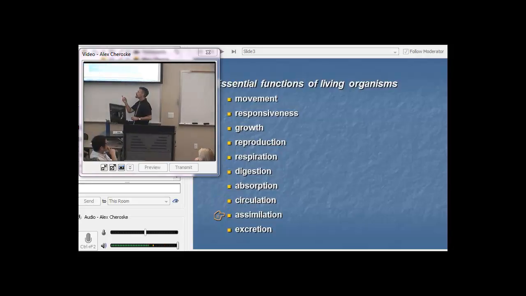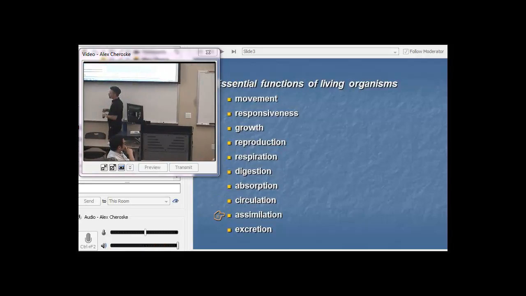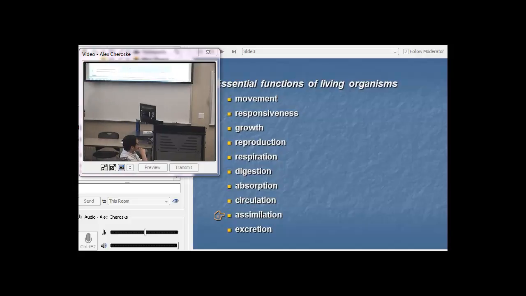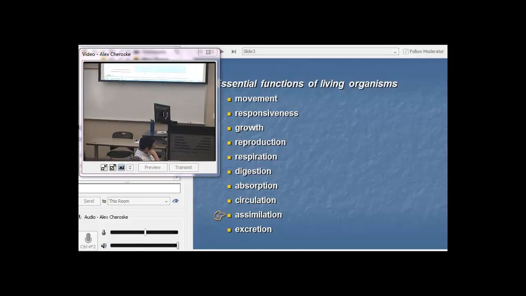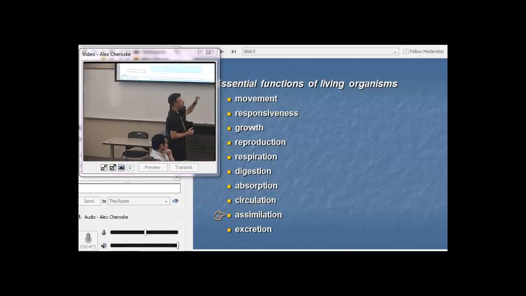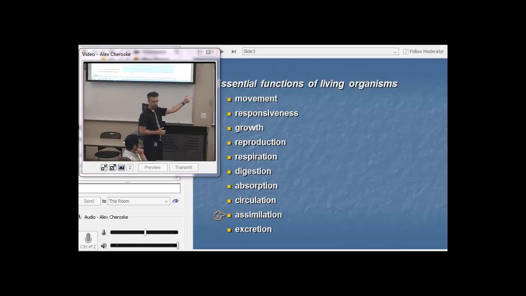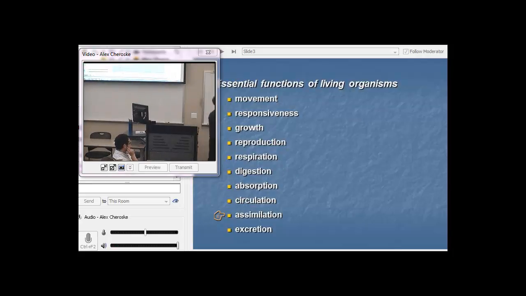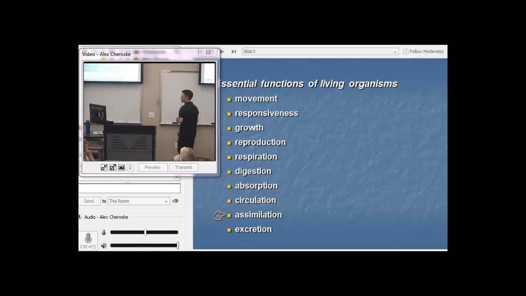Assimilation kind of goes along with digestion and absorption, etc. So when you get those nutrients and you've broken them down, you can assimilate and basically build other things that you need to. So you can make use of the things that you digested and the things that you brought into the cell. Okay? So you've got to be able to use those things to your benefit so that you can survive.